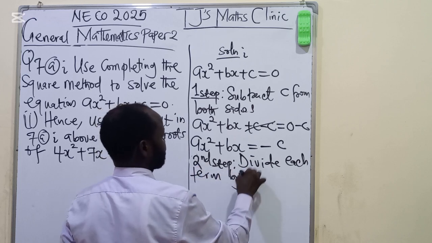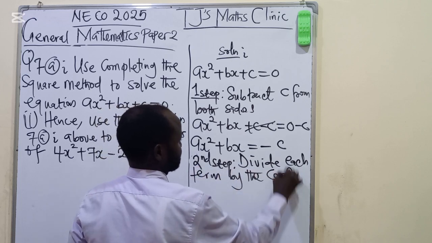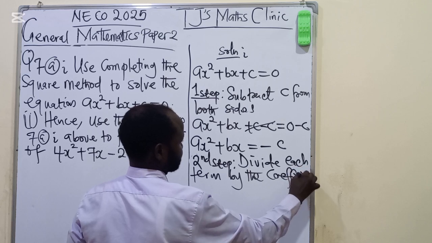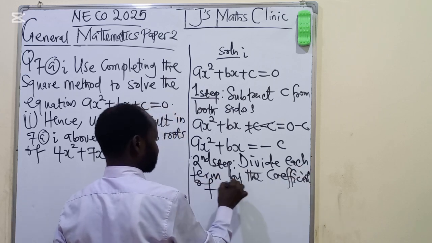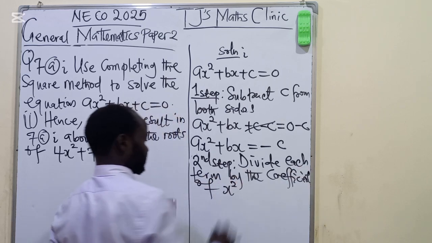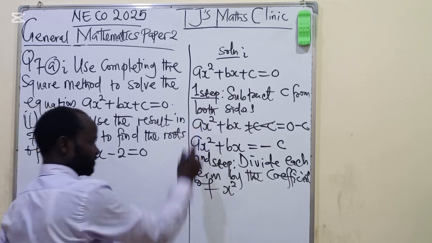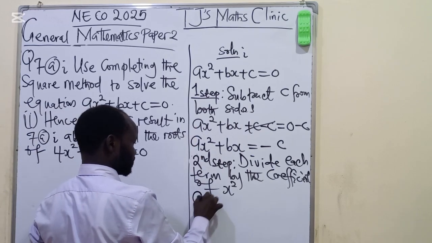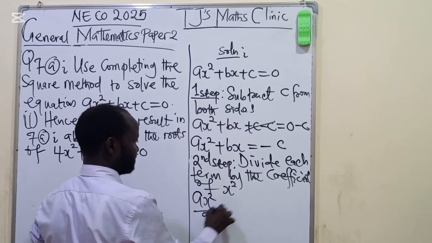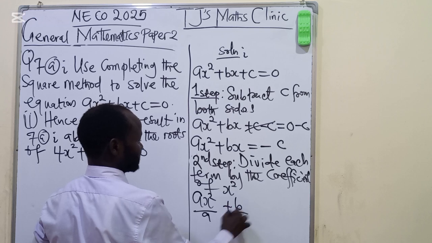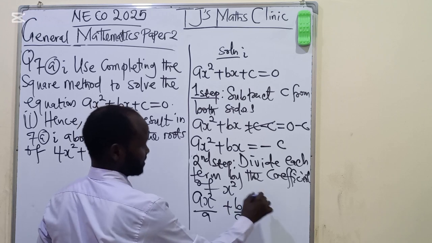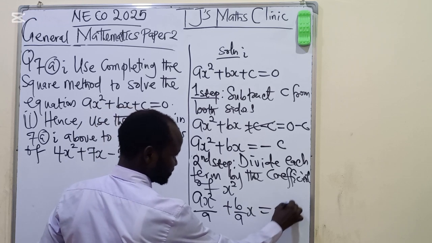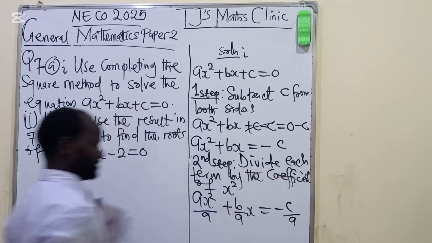So we pick the first term, which is ax squared divided by a plus b divided by a x will now be equals to minus c divided by a.